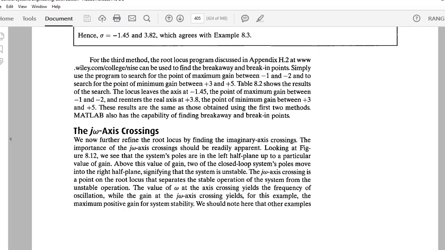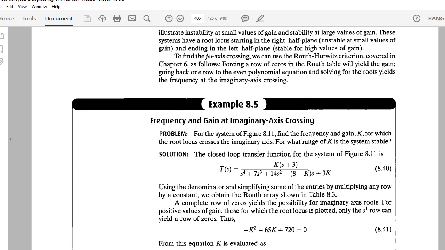Now all these values, if you look here, this concept of k, which is the gain, is why it's called a gain adjustment technique. You're varying the value of gain from 0 to whatever value, and you're monitoring the trajectory or the path that the poles follow when you vary that gain.